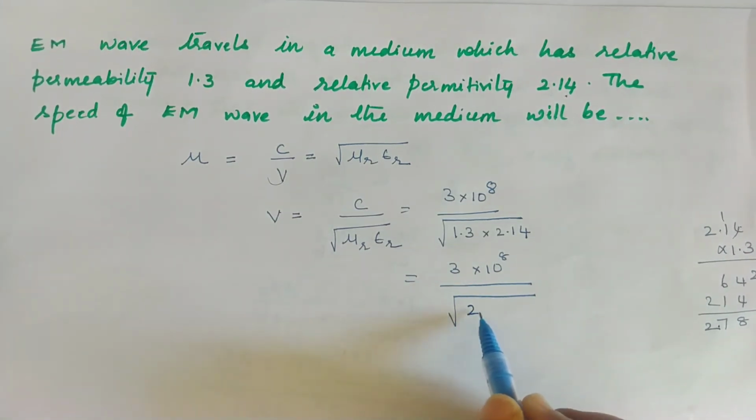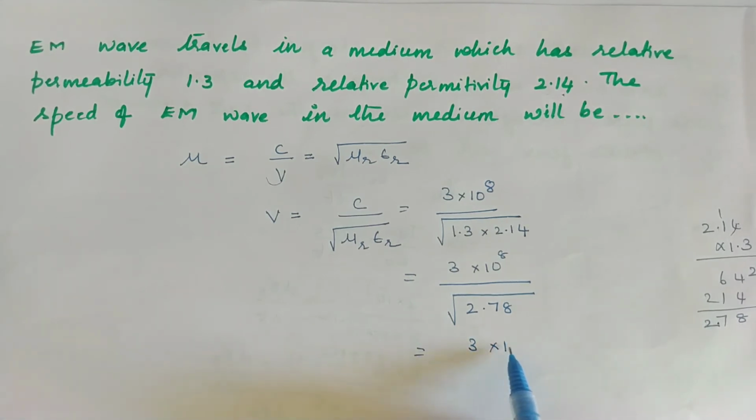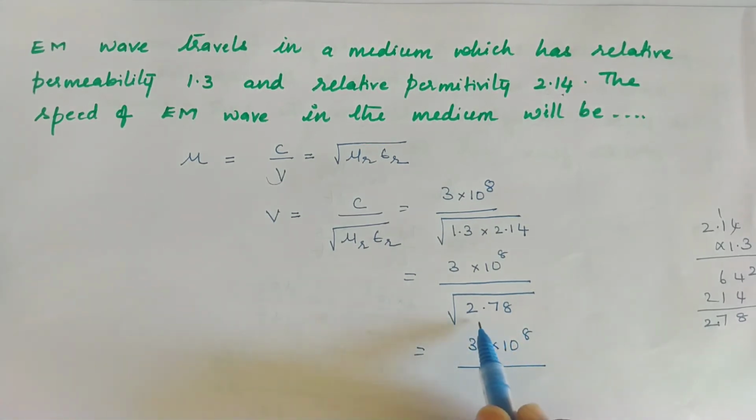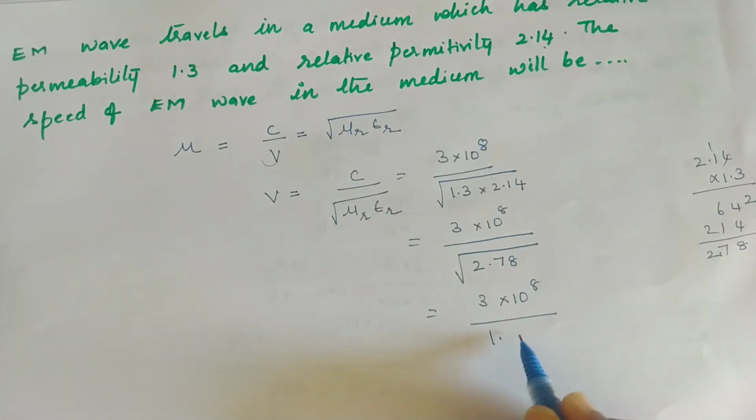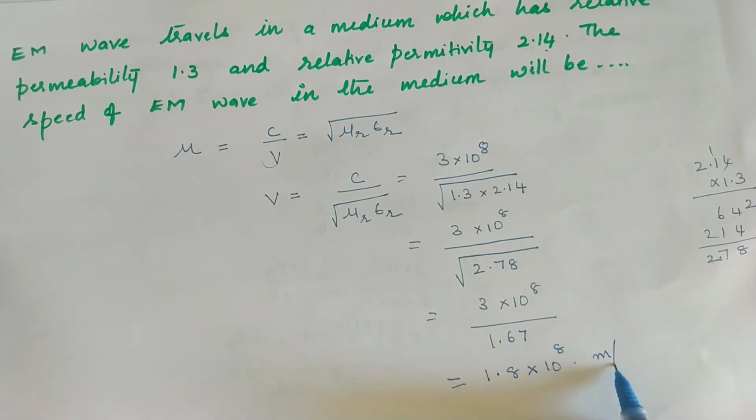Under root 2.78, or 3 into 10 to the power 8. So find out the approximate value of square root of 2.78. So nearly 1.67. That will come out to be 3 by 1.67. So simplifying this relation, you will get it as 1.8 into 10 to the power 8 meter per second.